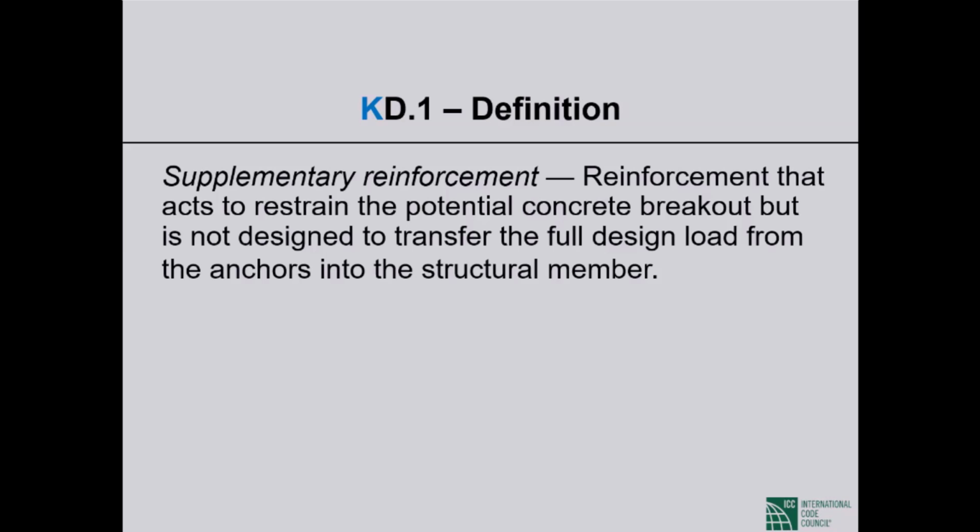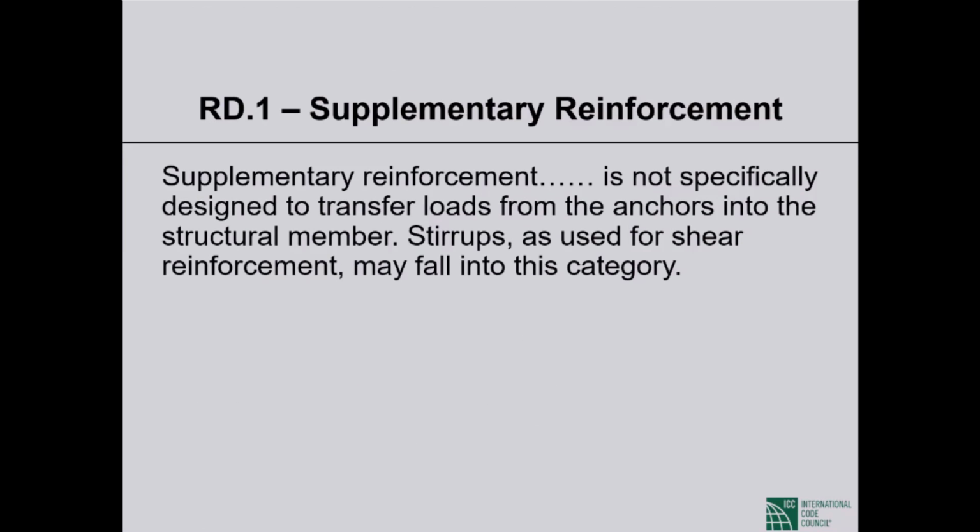Supplementary reinforcement definition: reinforcement that acts to restrain the potential concrete breakout, but is not designed to transfer the full design load from the anchors into the structural member. So it restrains potential concrete breakout, but does not suppress it. That's supplementary reinforcement as opposed to anchor reinforcement.